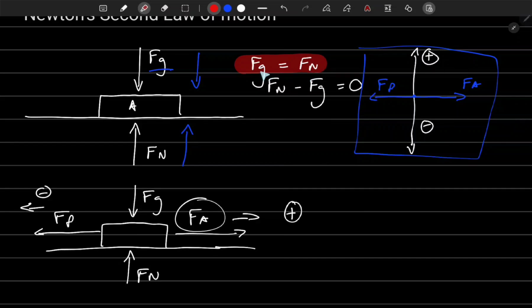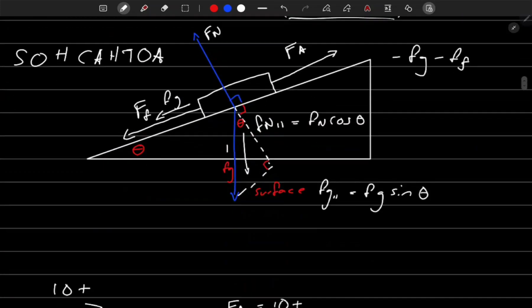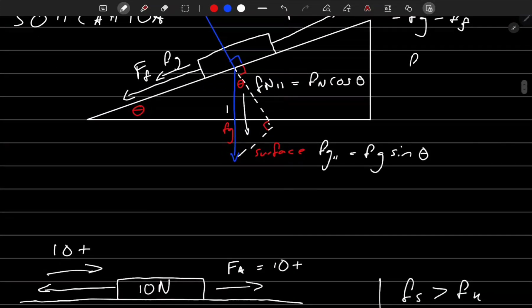And how do we calculate the force of gravity? Fg is equal to mass times the gravitational acceleration. The gravitational acceleration is 9.8, but I just want to point out that it's mass multiplied by the gravitational acceleration.